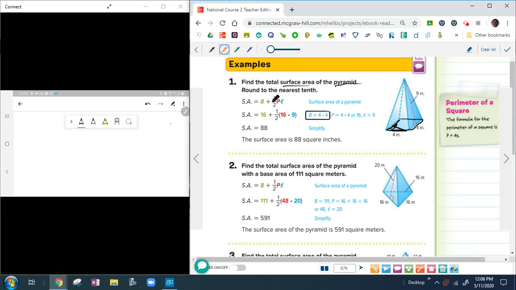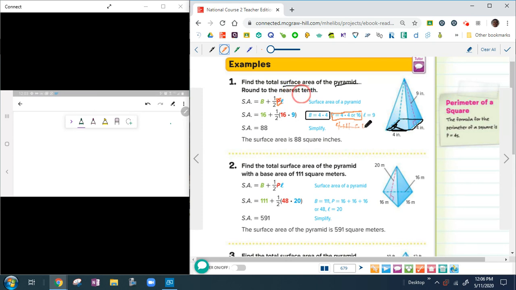All right, now we need to find P. What does that stand for? The perimeter of the base. Now, this might be confusing. Why is that also 4 times 4? Really, what they should have done is 4 plus 4 plus 4 plus 4, and you would probably want to write this in so that when you go back and study, you're not confused.